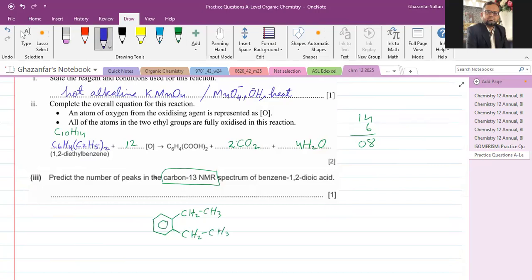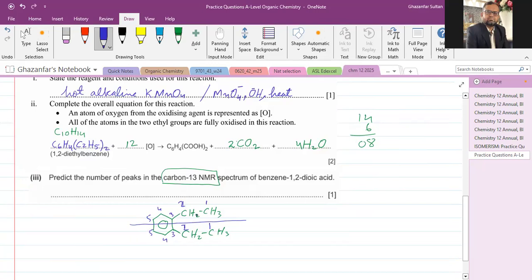So if we see, there is a symmetry in the molecule. So the peak of this and this would be the same. So we can say 1, and another signal would be for this. So this is 2, both are 2. 3, 4, and 5.